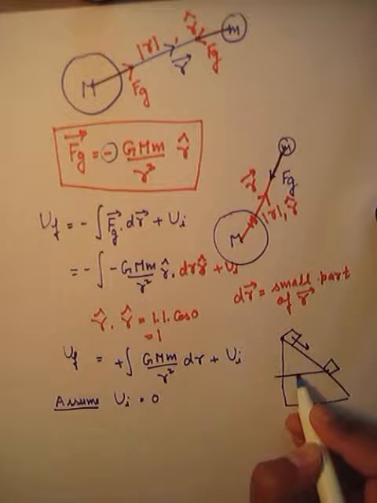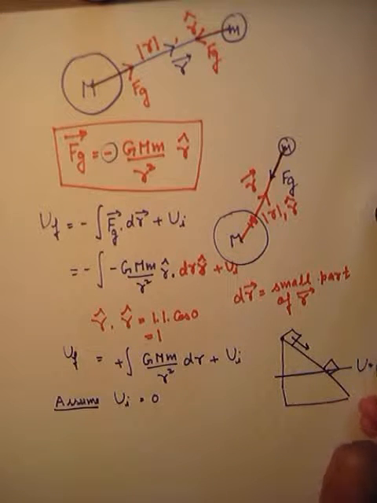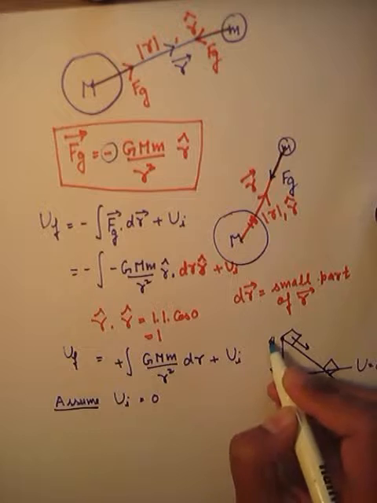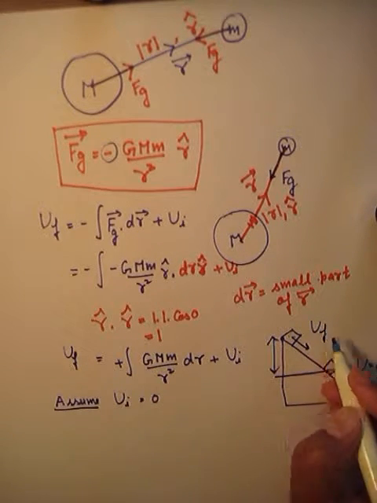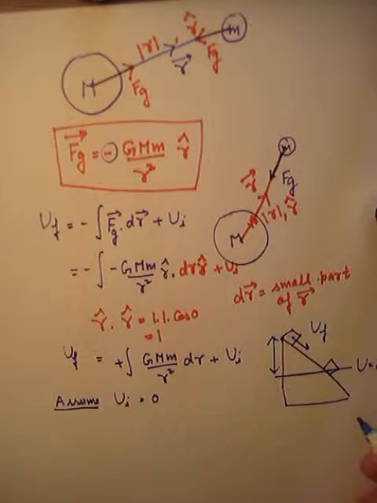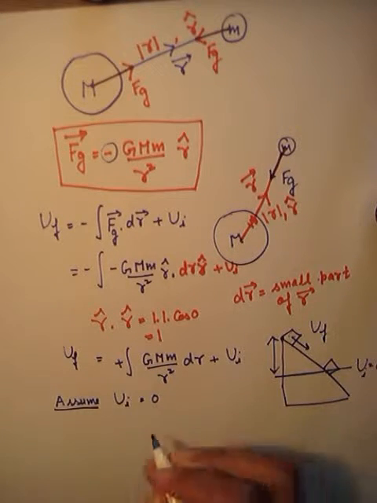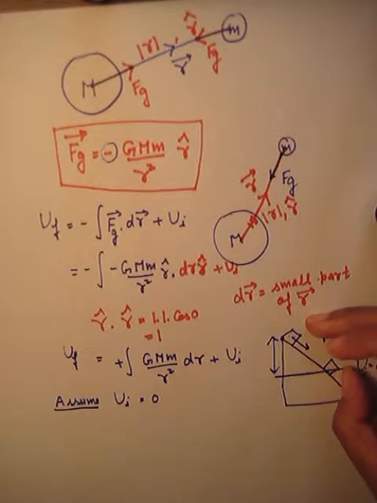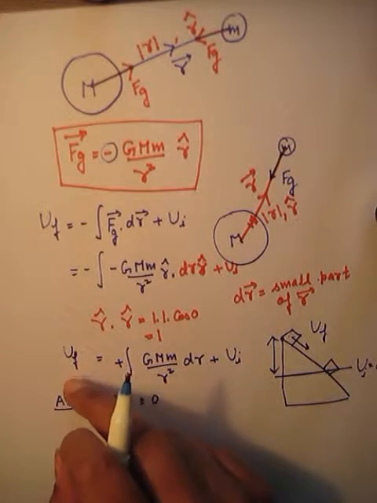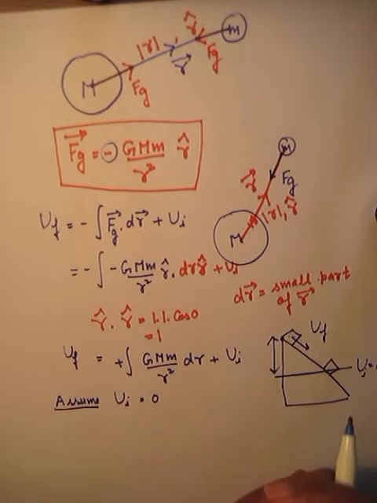We will just take this as 0 potential energy and find the change, so the whole potential energy of this object will be the total potential energy. Whatever this potential energy will be, that will give you the potential energy difference.